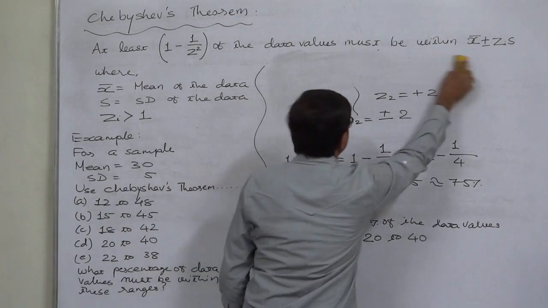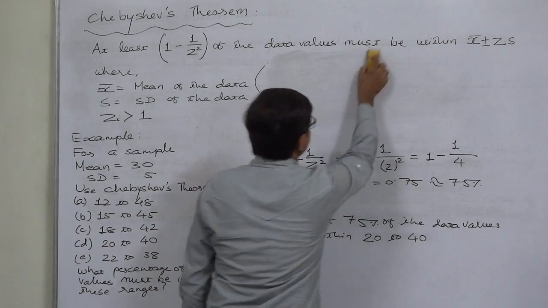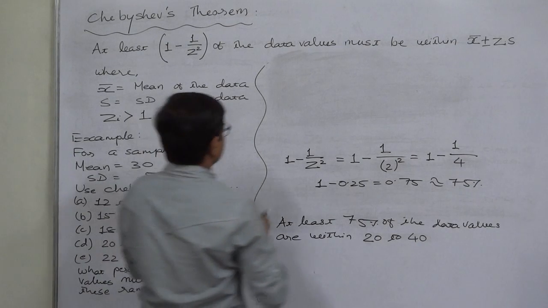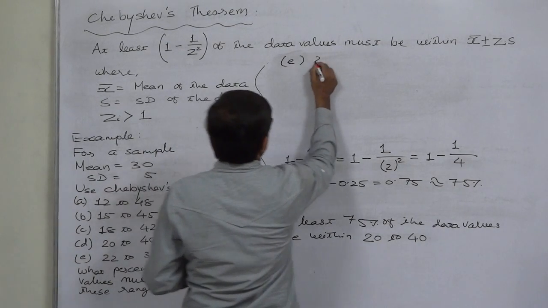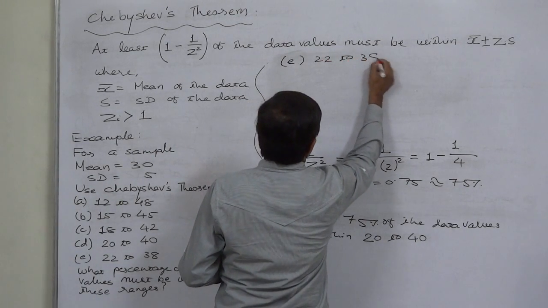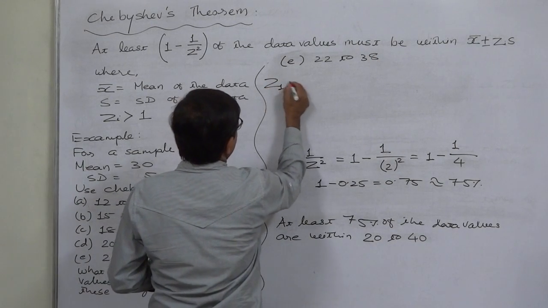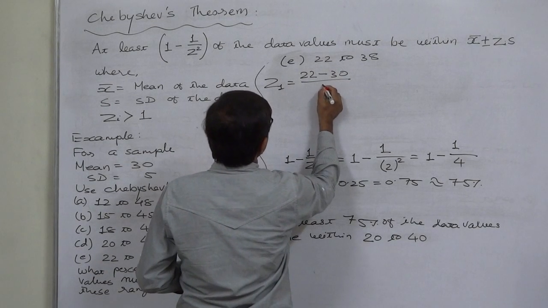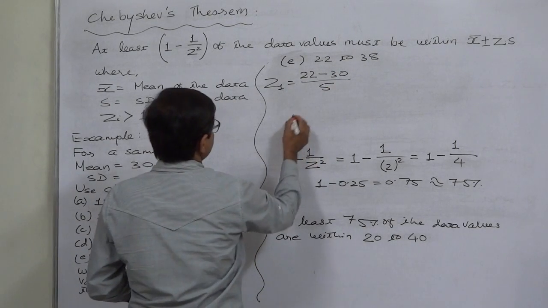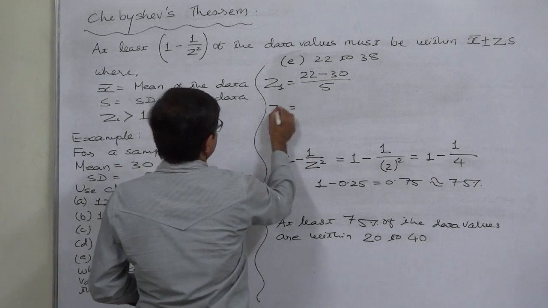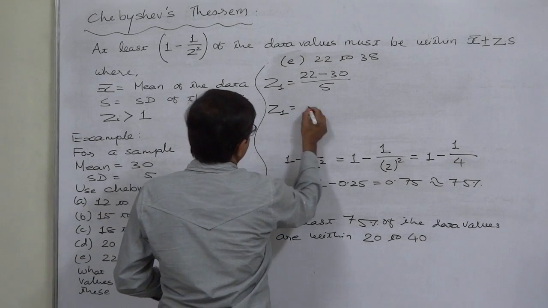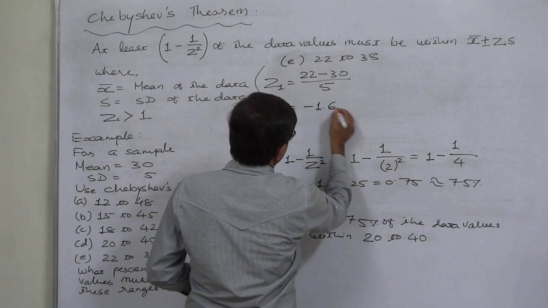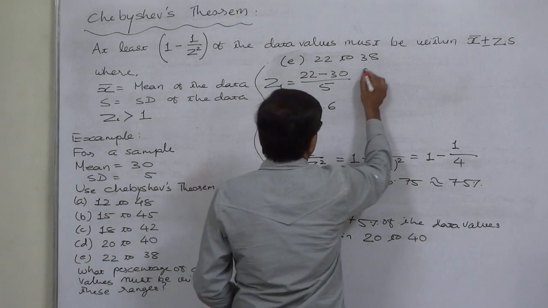And the last range given is 22 to 38. Z value for 22 will be 22 minus mean 30 divided by standard deviation 5. It is minus 8 by 5, so it comes to minus 1.6.